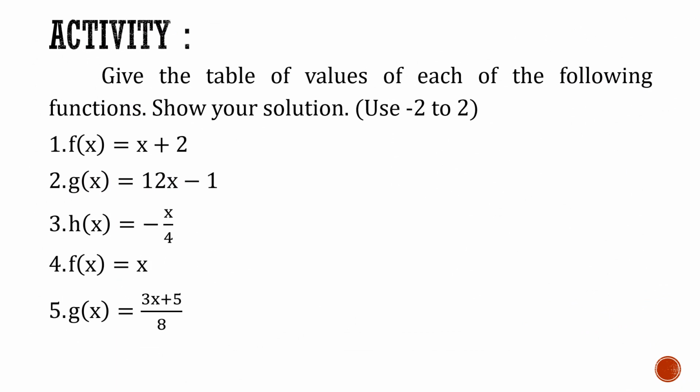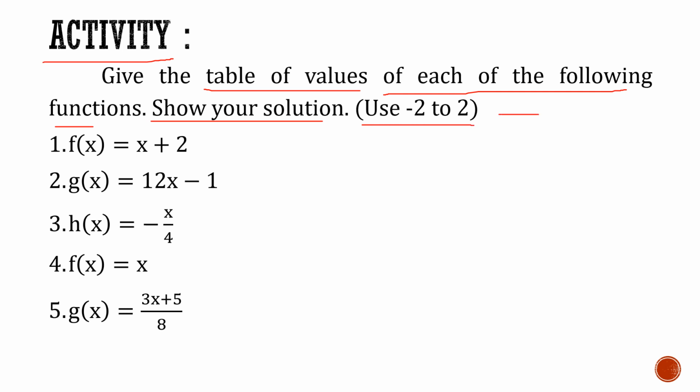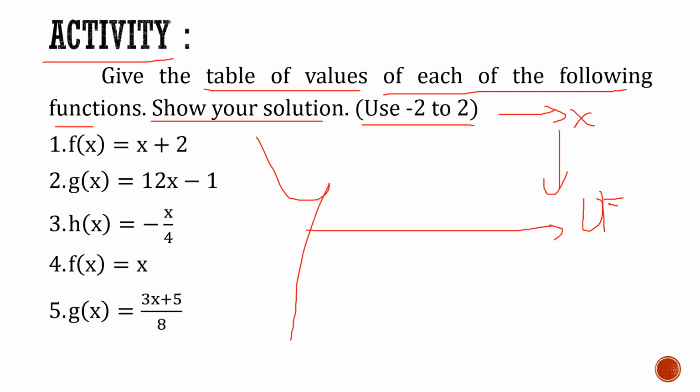So for your activity, give the table of values of each of the following functions. So show your solution. You need to show your solution. Use negative 2 to 2 or positive 2 as a value of your x in your original function. So these given functions are original functions.